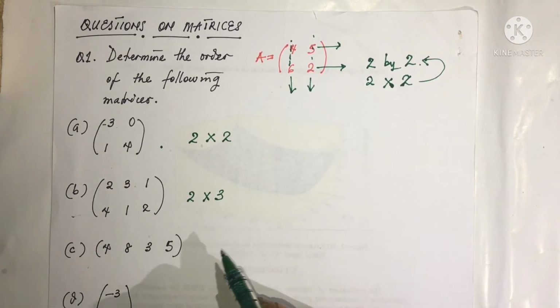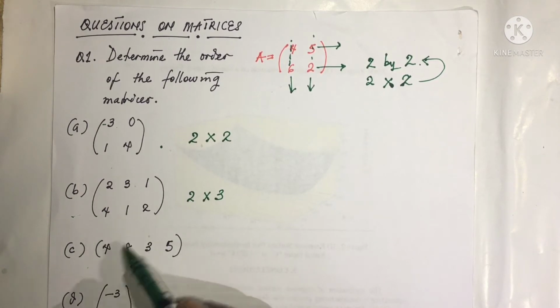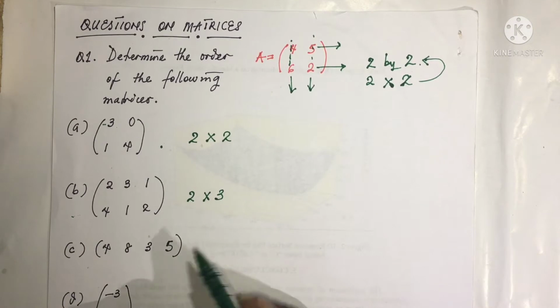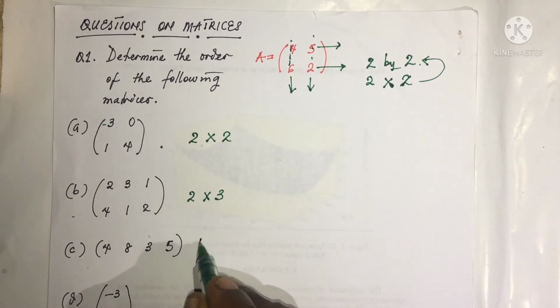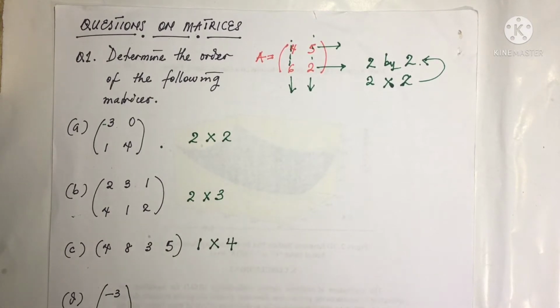On the other hand, it has more than one column. It has precisely 1, 2, 3, 4 columns. So if we are to specify the order of this matrix, we call it a 1 by 4 matrix, because it has just one row. In its row, you have 4, 8, 3, 5.